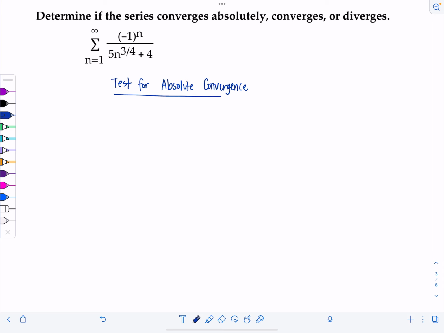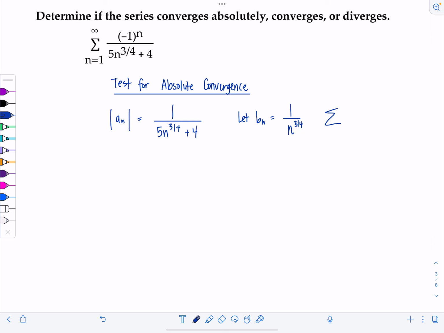So when you're testing for absolute convergence, you take the absolute value of a_n. All that's going to do is get rid of that (-1)^n. So I have 1 over 5n^(3/4) plus 4. Well, looking at these terms, this is reminding me of a p-series. So let b_n equal 1 over n^(3/4).